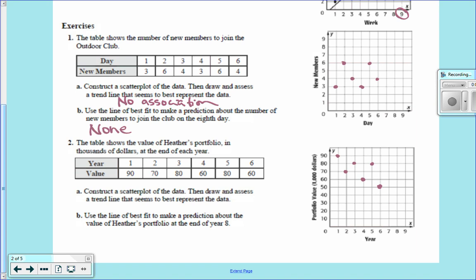Okay, so you have a ruler, right? With your ruler, you want to draw a line of best fit. Remember, you want to draw the line where most of your points are, right? Kind of, maybe like right here in the middle there.